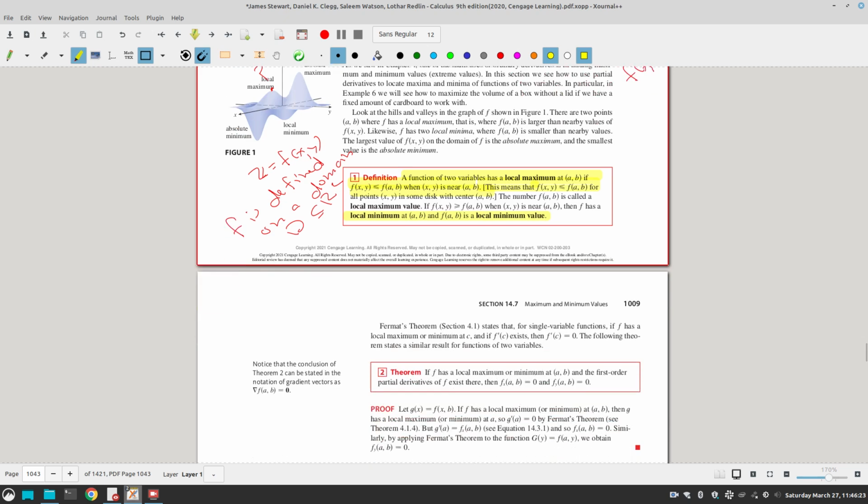But in this case, the neighborhood is a disk. In single variable calculus, the neighborhood is a line.